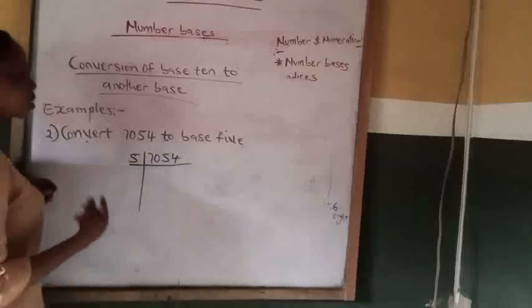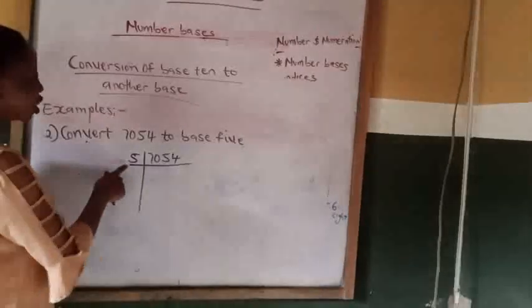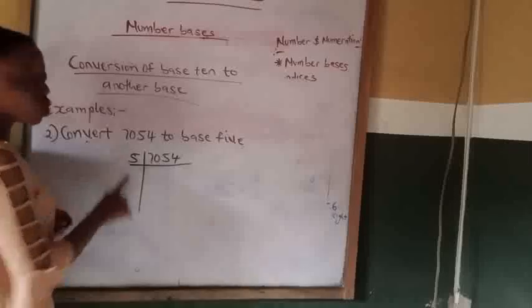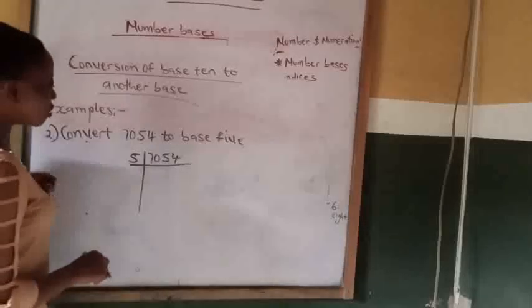You divide continuously by the new base and you write your remainder at each stage.